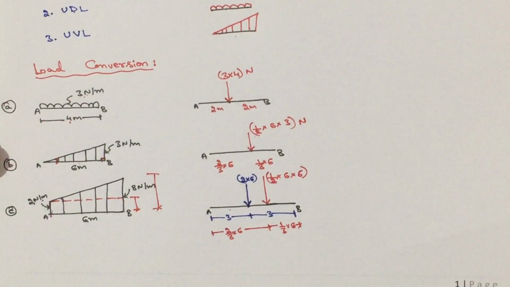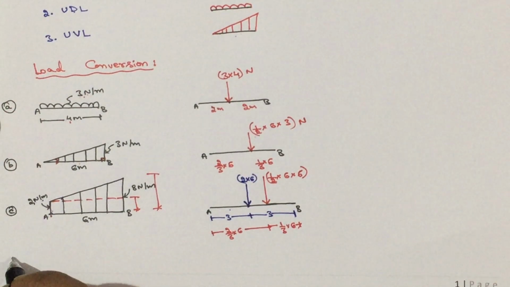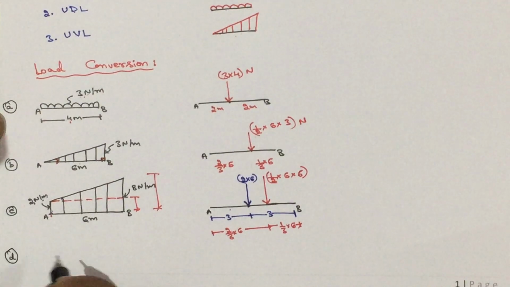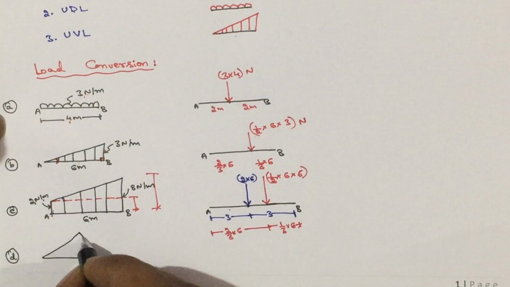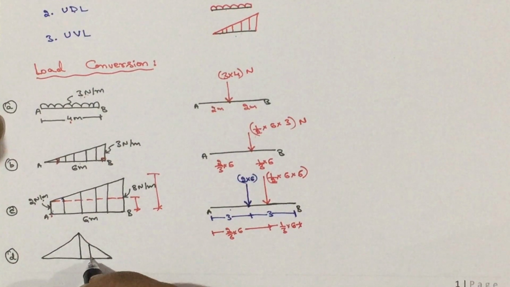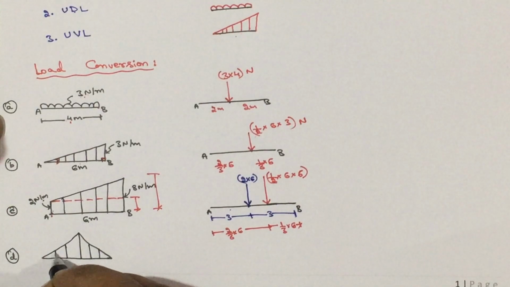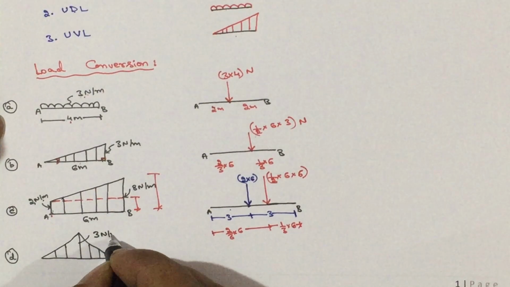And in some other case, rare cases, you are going to get an equilateral triangle. Let us consider that one as 3 Newton per meter.